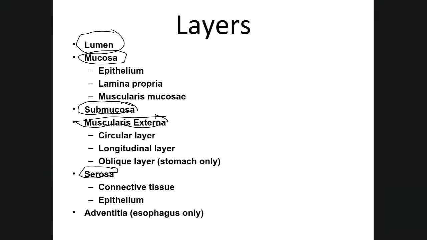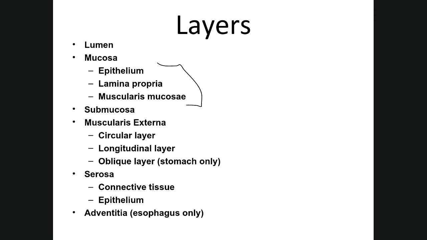But these layers also have sublayers. So if you look at the mucosa, look, it's got 3 sublayers. And if you look at the submucosa, it doesn't have any sublayers. If you look at muscularis externa, it's either 2 or 3, depending on where you are. And then the serosa also has 2 sublayers.